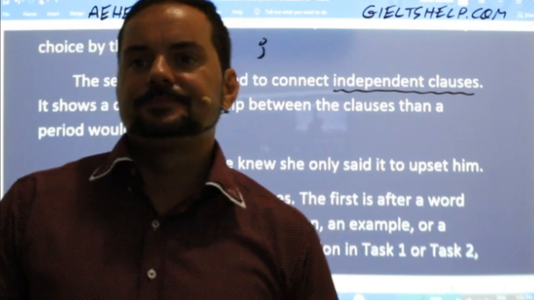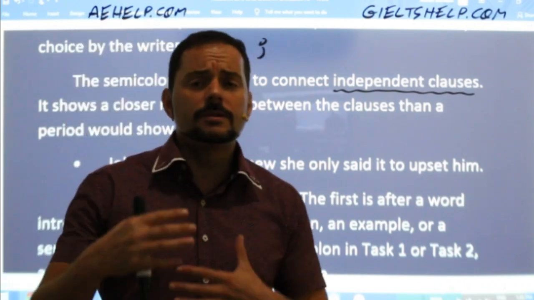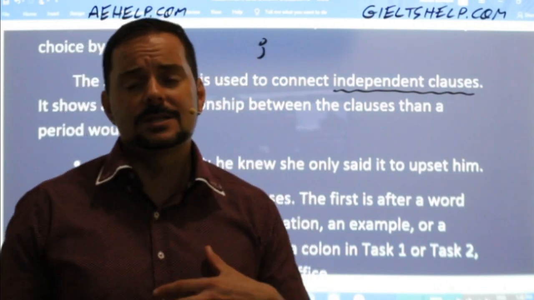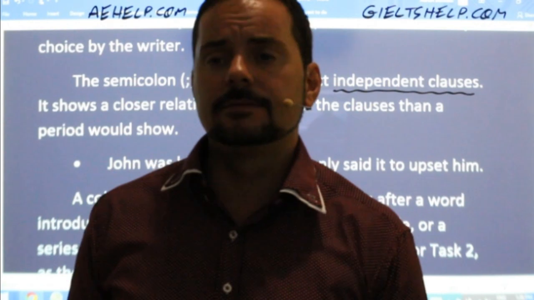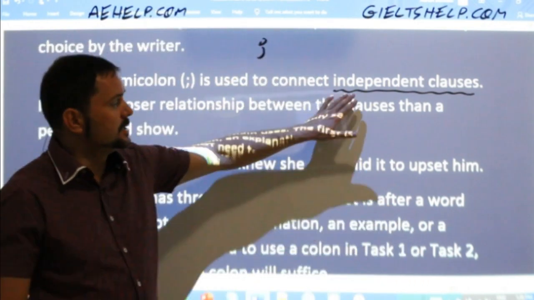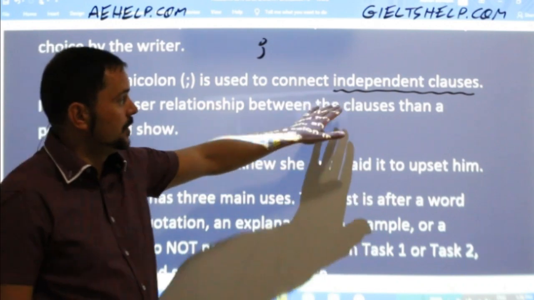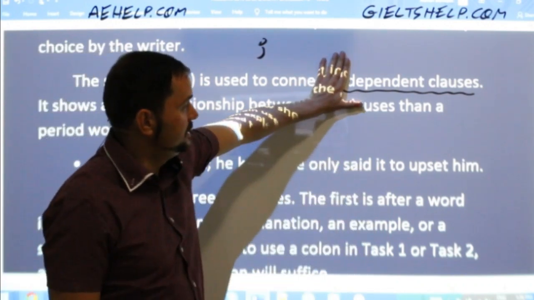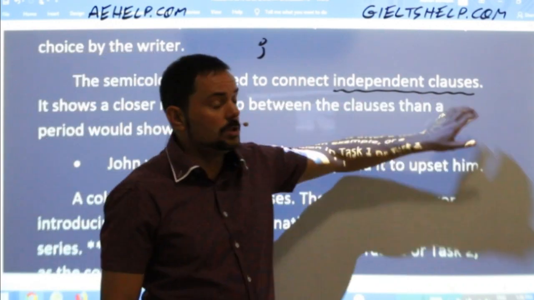Hi, Amarjeet. So I want to do this more as a discussion with you members because I think that's much more effective for your learning. So what is an independent clause? It's very important that students are clear on the difference between dependent versus independent clauses.